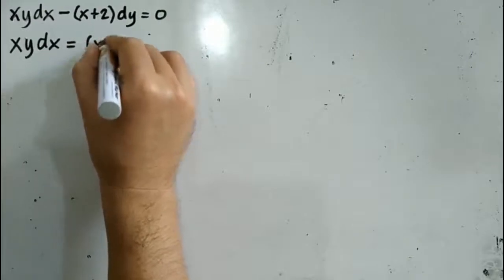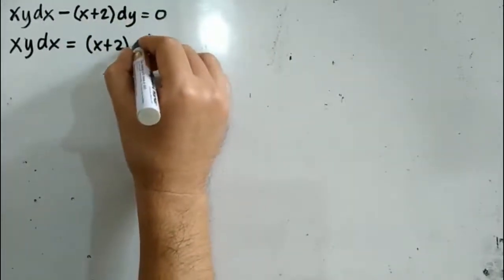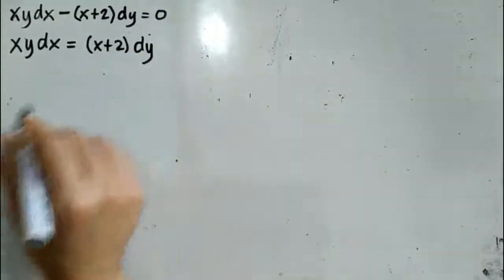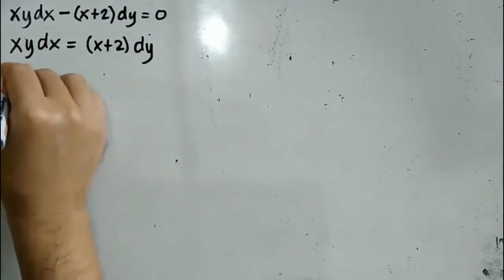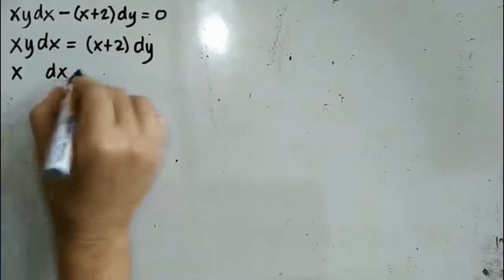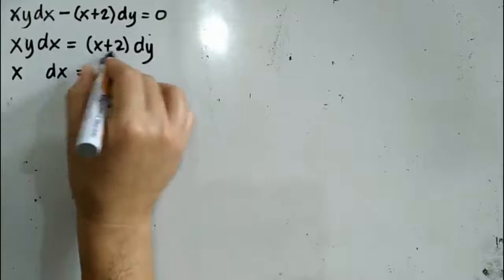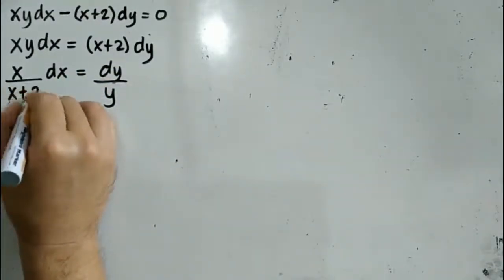So we have x plus 2, this becomes positive because it was transposed to the right side: xy dx equals x plus 2 dy. And then we separate the variables. So x remains here together with its differential dx, and dy over y. And x plus 2 will be under x.